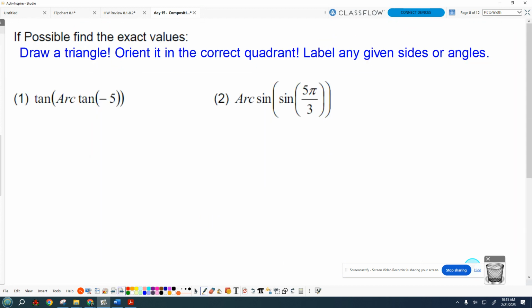Okay. Now we're doing this one, where the arc is on the outside. Can you guys just do number 3? And go to the next section.